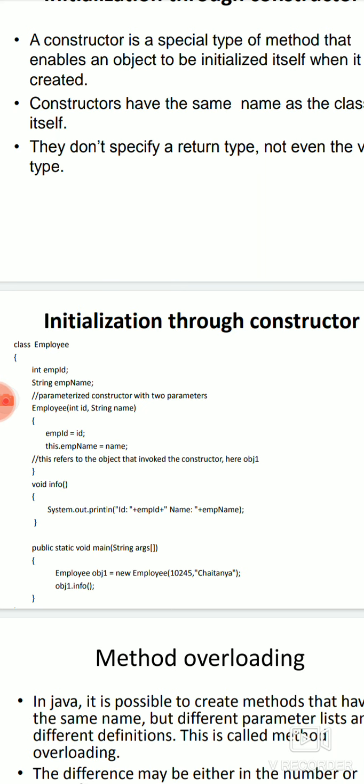So employee id will get 45, and this dot employee name will get the name of the person, that is current. So it is automatically initializing at that point. If you give the parameter value at that time itself, it will get initialized. That is why in a constructor we can initialize when the object is created.